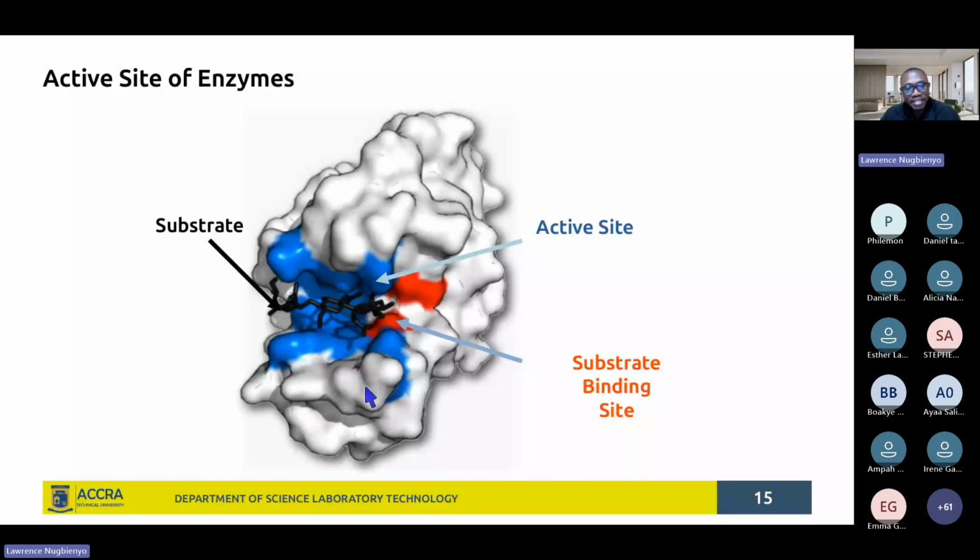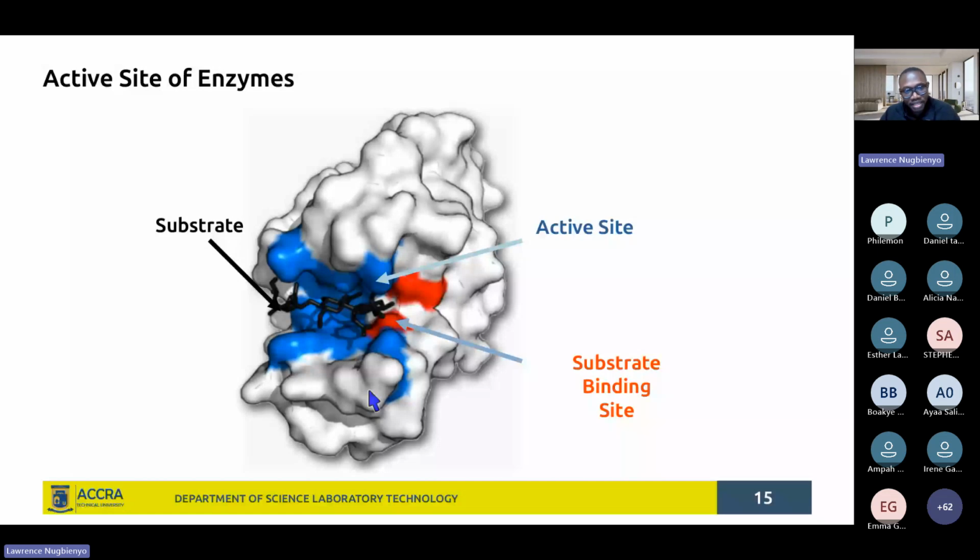I think I mentioned that it's not that at any part of the big protein there will be an enzymatic reaction getting catalyzed, but you have some specific portions of the enzyme where the reaction occurs.